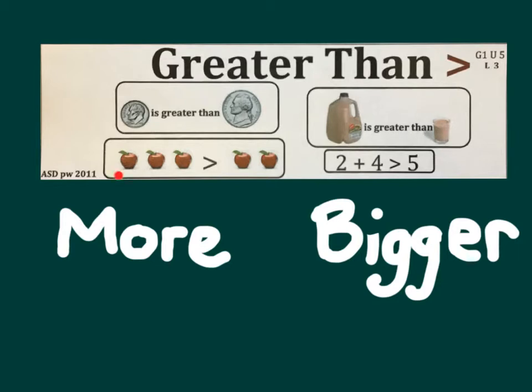For example, 3 is greater than 2 because 3 is more than 2. 2 plus 4 is greater than 5 because 2 plus 4 equals 6 and 6 is more than 5.